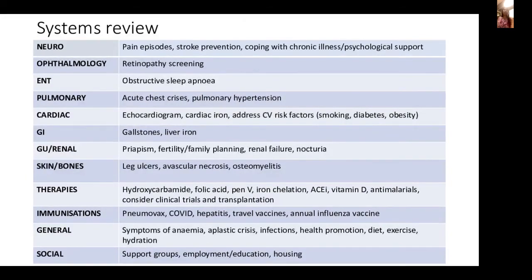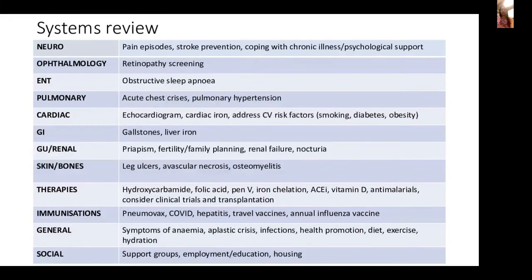Then with the GI, you're just looking at gallstones, and whether they need to be screened for any iron overload in the liver. Dealing sensitively with the GU renal system, so inquiring about priapism, fertility, family planning, nocturia, because of the impaired kidney concentrating ability. If that's a problem, that can sometimes be something that people may not volunteer.